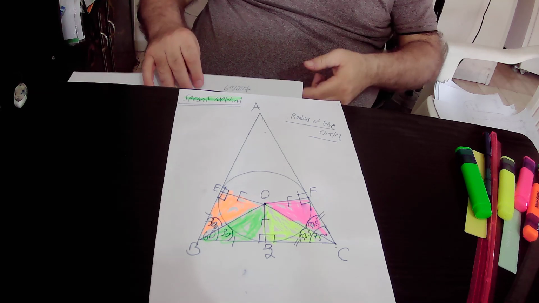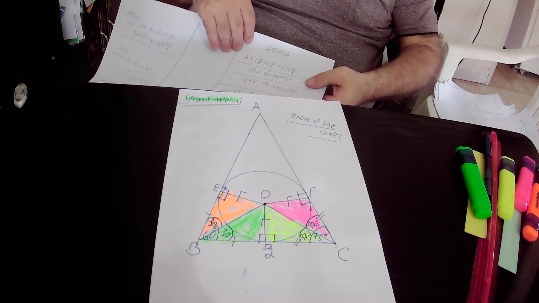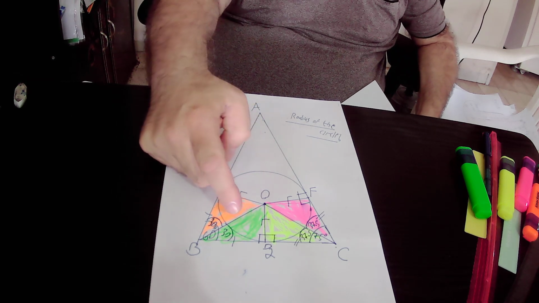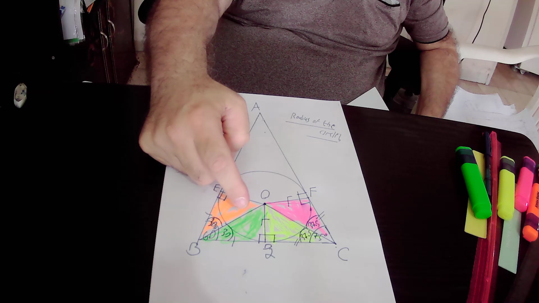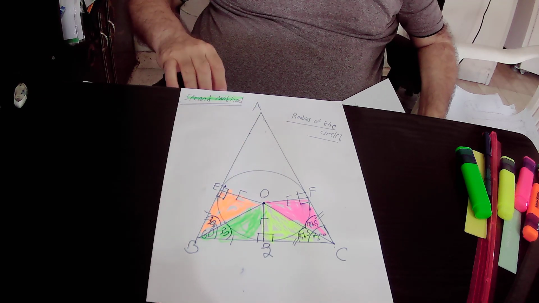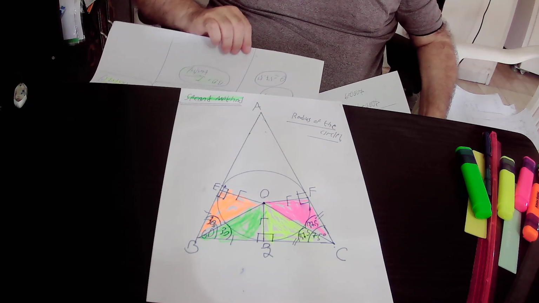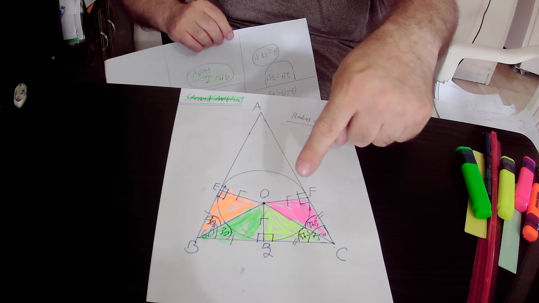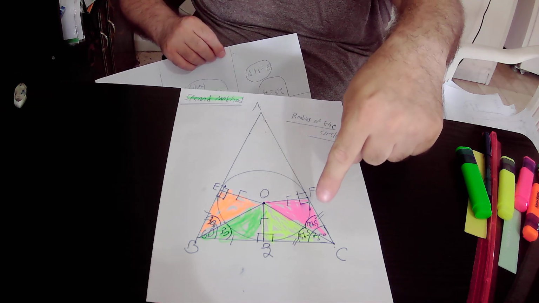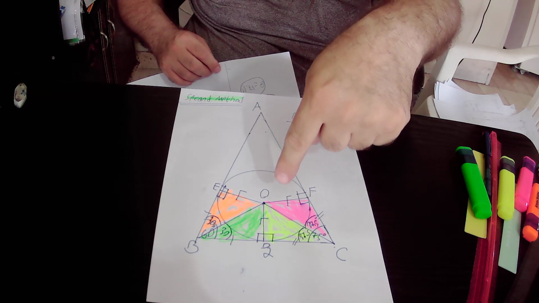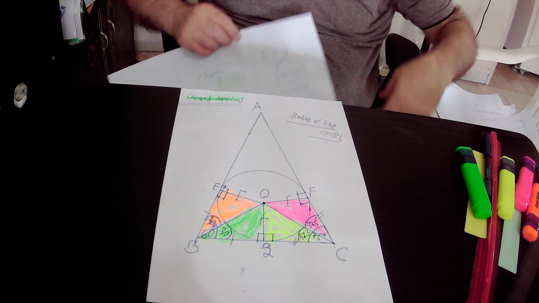Then we use tangents, and we focus on the green triangle. In the green triangle, tangent 30 degrees equals R over BD. And in the yellow triangle, tangent 37.5 degrees equals OD over DC.